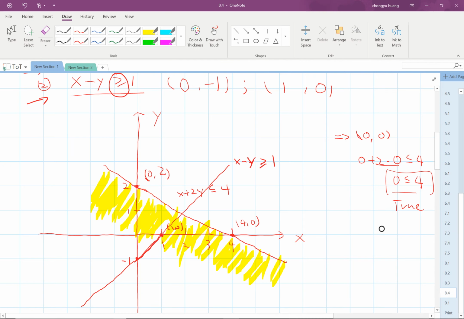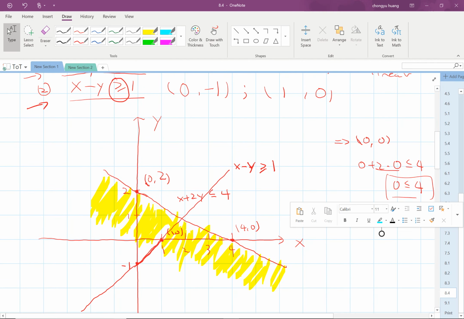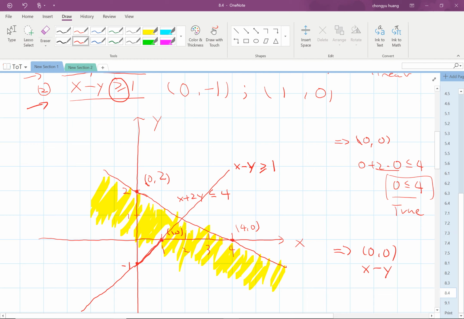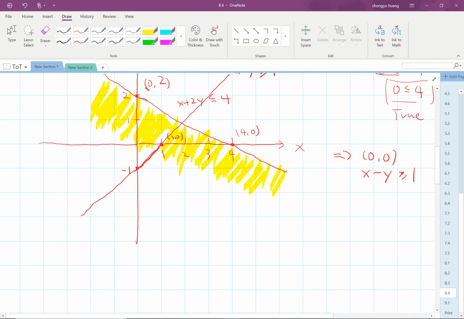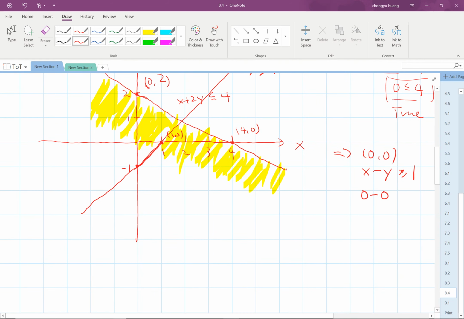Now we have to determine the area. As always, we plug in 0, 0 into x minus y greater than or equal to 1. So 0 minus 0 greater than or equal to 1, which is 0 greater than or equal to 1.